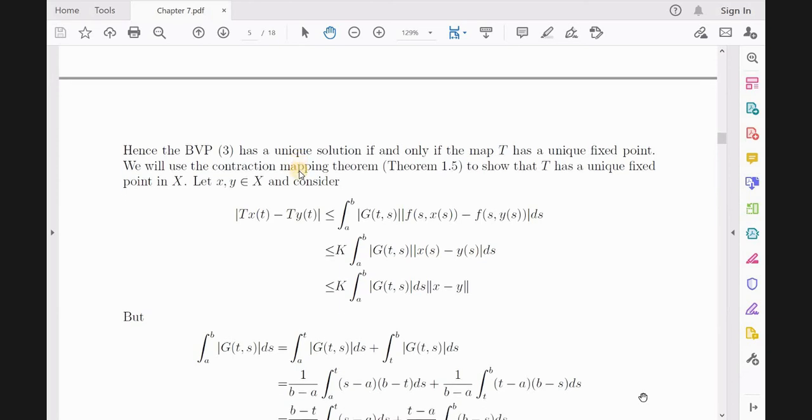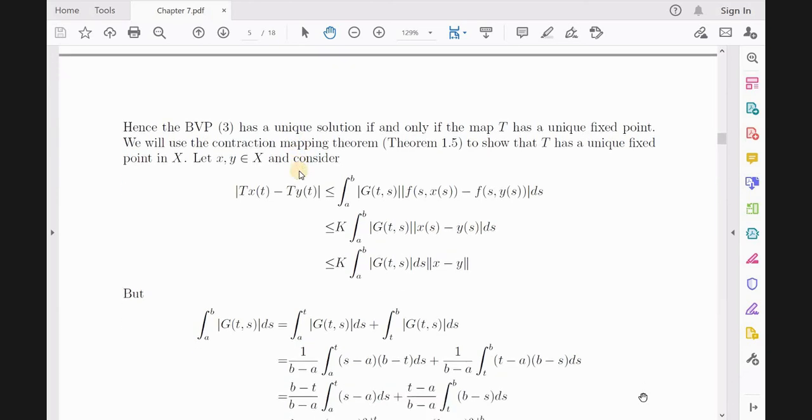And this is an integral with respect to s, so b minus t can be taken outside. So (b minus t) over (b minus a) times the integral from a to t of (s minus a) ds, plus, also with respect to s, t minus a can be taken outside. So this is (t minus a) over (b minus a) times the integral from t to b of (b minus s) ds.